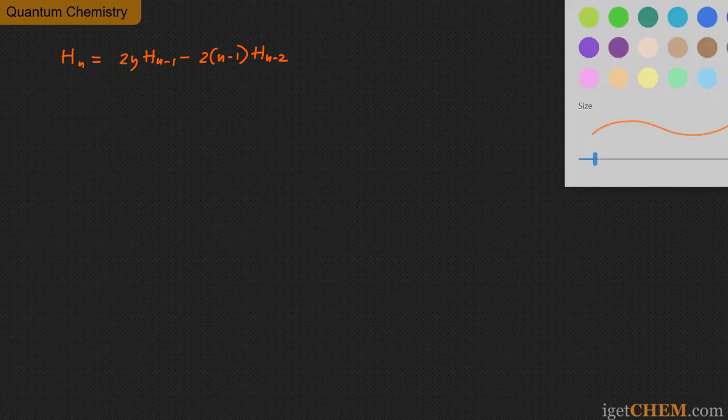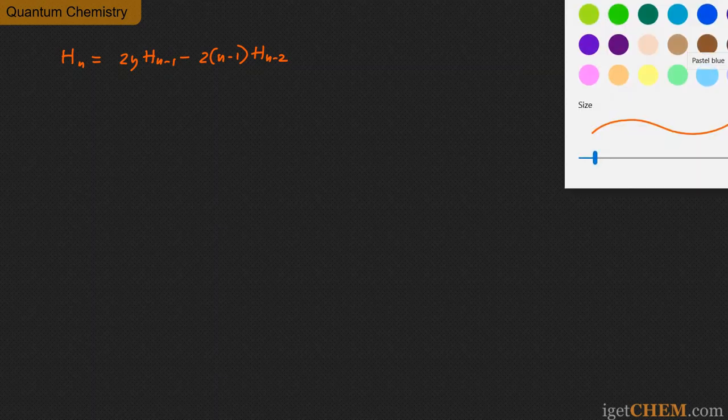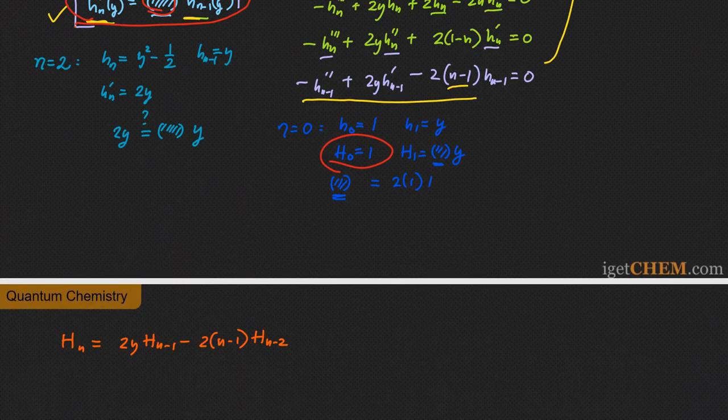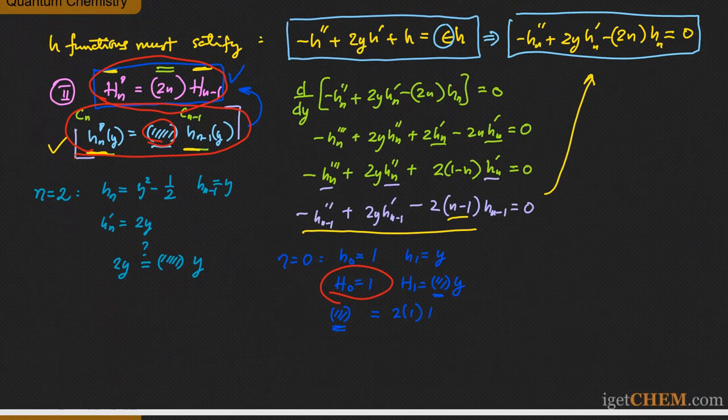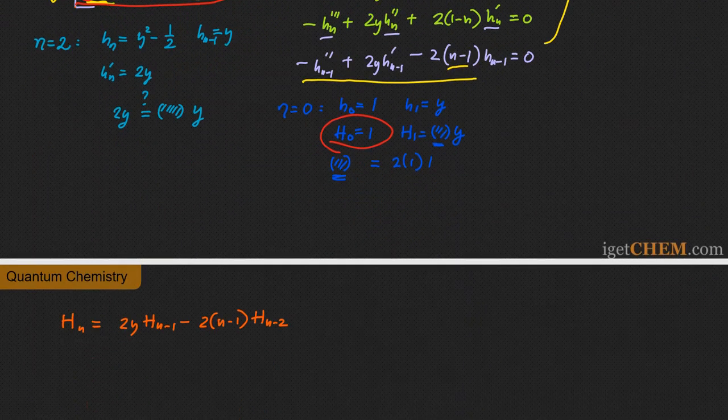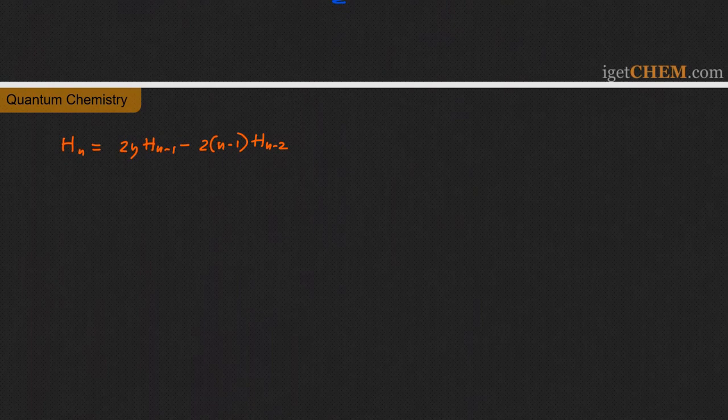And to do that, I'm going to make use of two things that I have already proven. One of them is this Roman numeral 2. So I'm just going to write that down here. So Roman numeral 2 we know is correct.